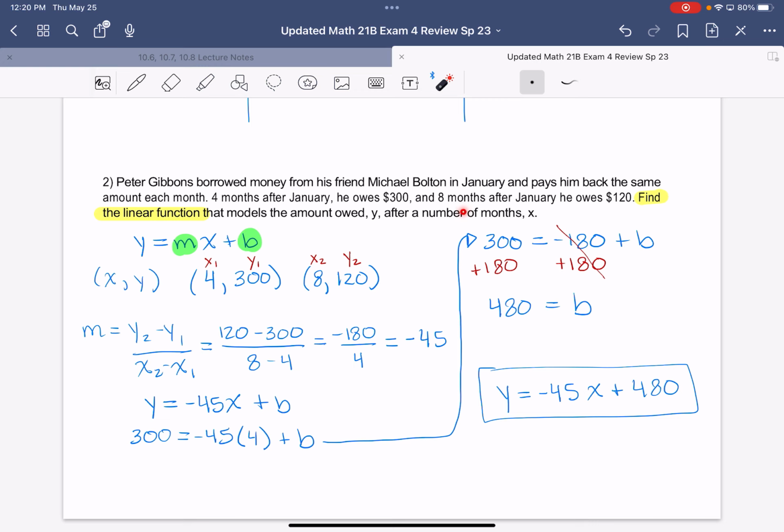You want to be comfortable, in addition to finding linear equations given a word problem such as this, finding linear equations given a graph. Feel free to reference our lessons and our homework. I know for a fact they were in there. Let me see if I can find it real quick.